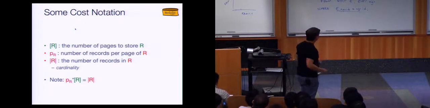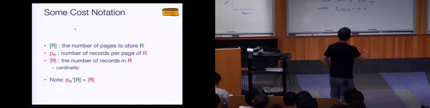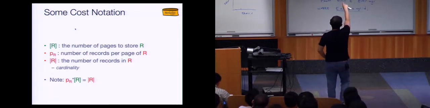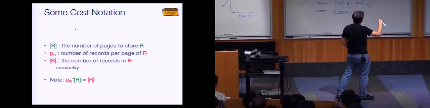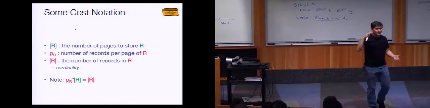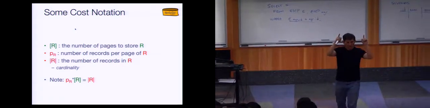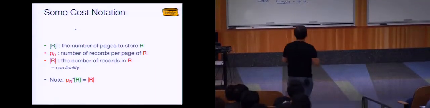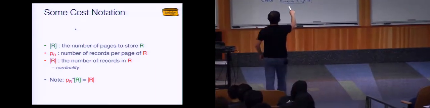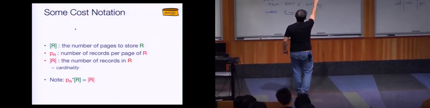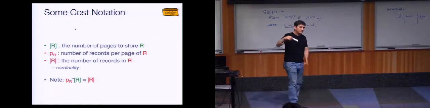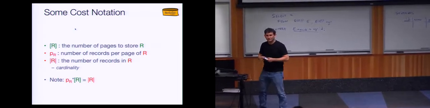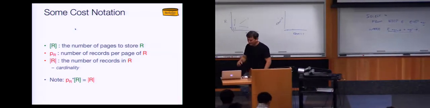Little p sub R is the number of records per page of R. The traditional vertical bars around R is the number of records in R. It's the cardinality of the set. So R is a set of tuples, and vertical bars R is the cardinality of that set. It's the number of rows in the table. Okay? And you note that the number of tuples per page times the number of pages equals the number of total tuples. Okay. So simple stuff, just some definitions.